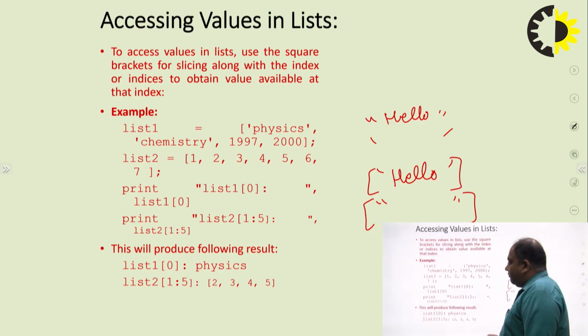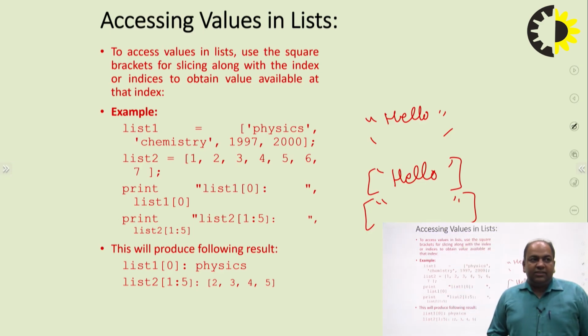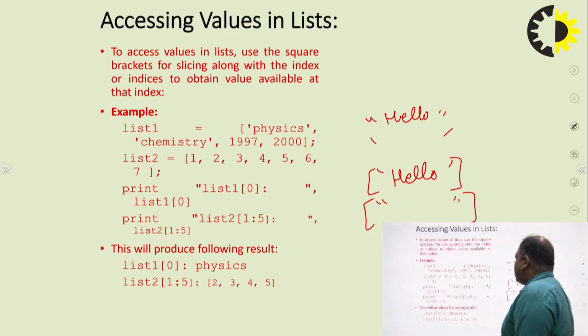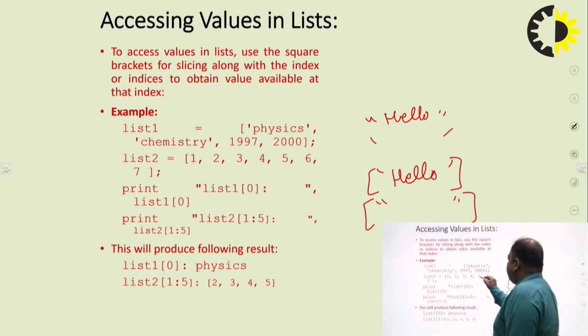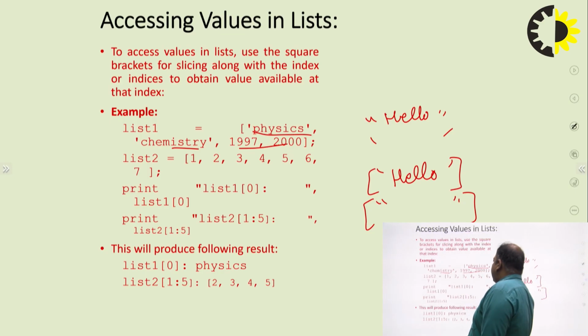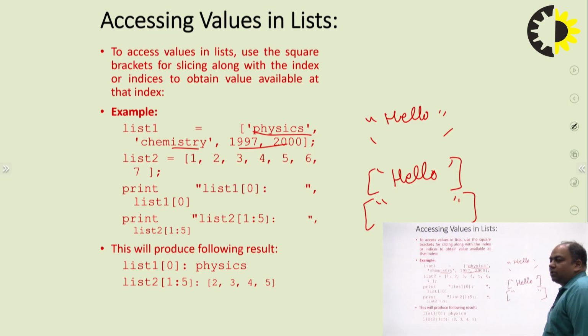One more difference between the list and string. A string does not support multiple data types, but a list can represent multiple data types, like characters and numbers, in the same list.